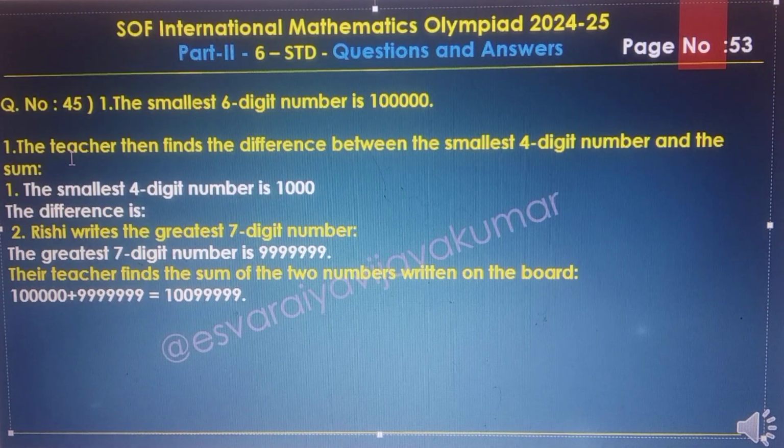Based on the first point, we have calculated. The smallest 4-digit number we can consider as 1000, and the difference we can calculate. Rishi writes the greatest 7-digit number, 9999999. Their teacher finds the sum of the two numbers written on the board: 100,000 and 9999999, giving 10,099,999.